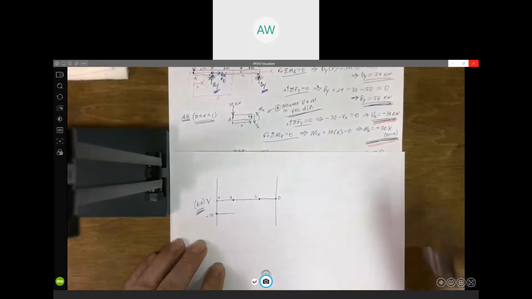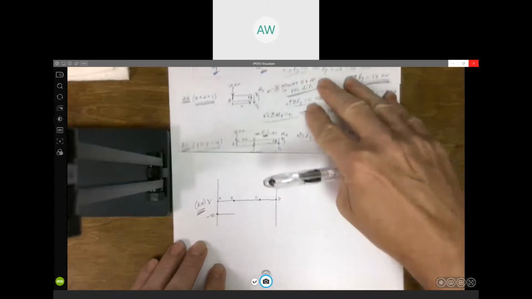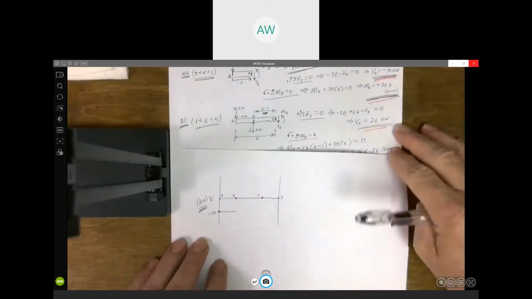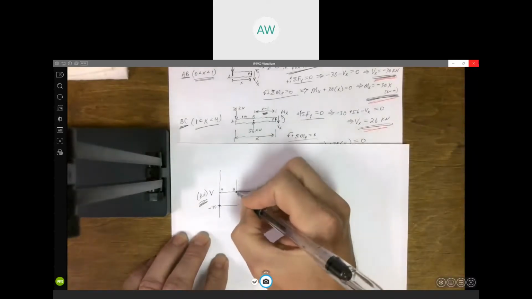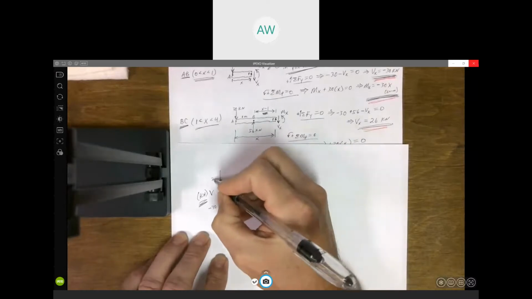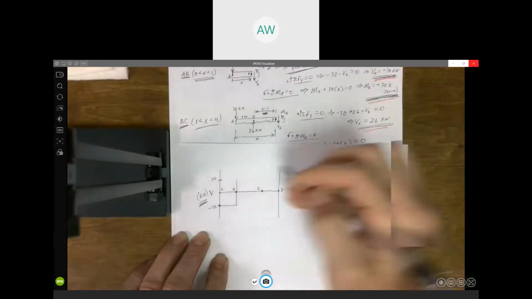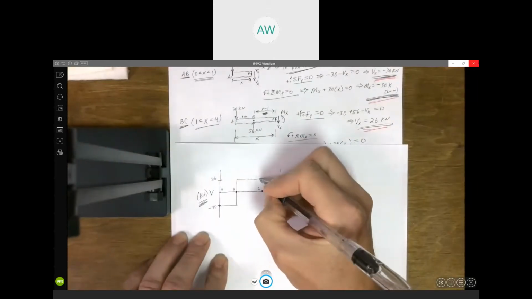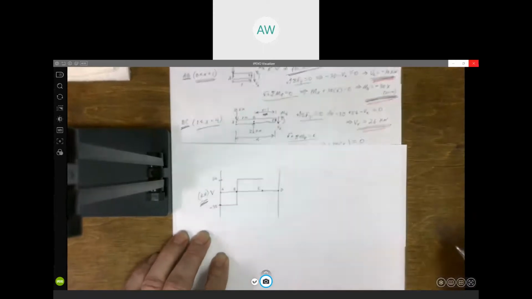Now, what happens between B and C? Where's my shear force between B and C? It's positive 26. So this goes up from minus 30 to positive 26. And again, that's constant. It does not change. So between B and C, it stays a constant value of 26 kilonewtons.